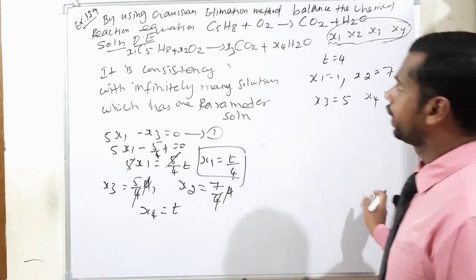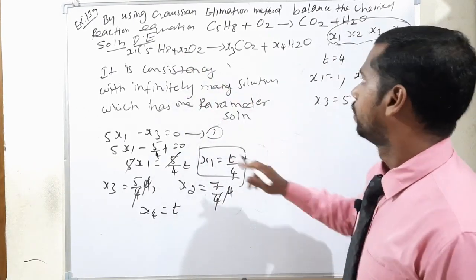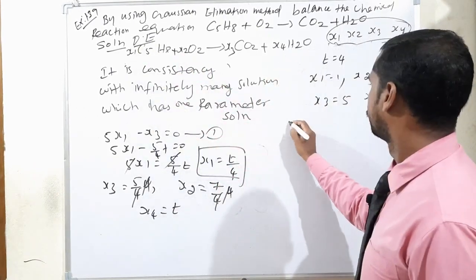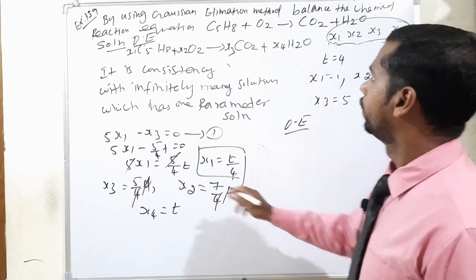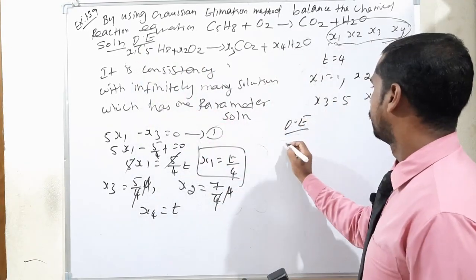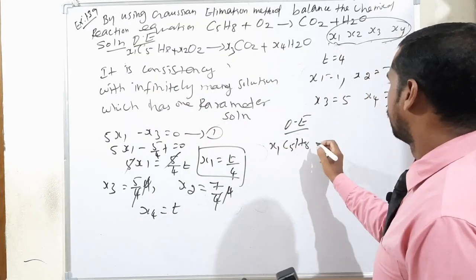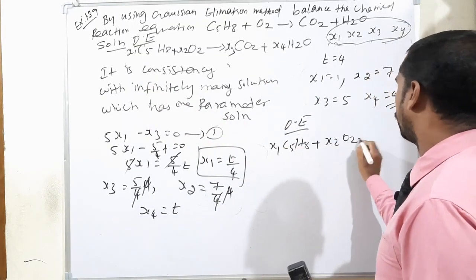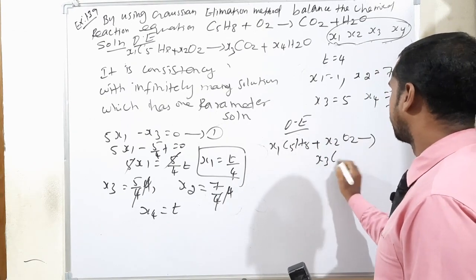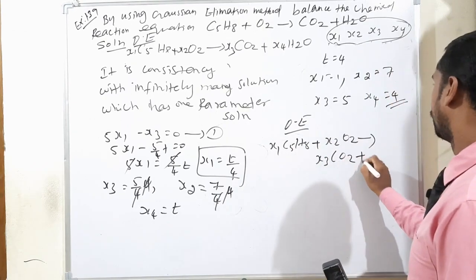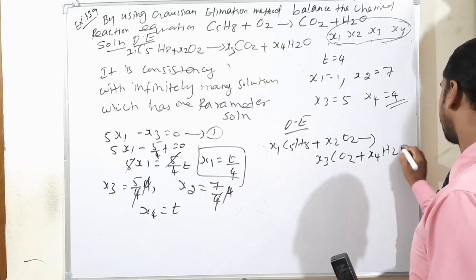So now we can write the original equation. What is our original equation? x1 C5H8 plus x2 O2 gives x3 CO2 plus x4 H2O.